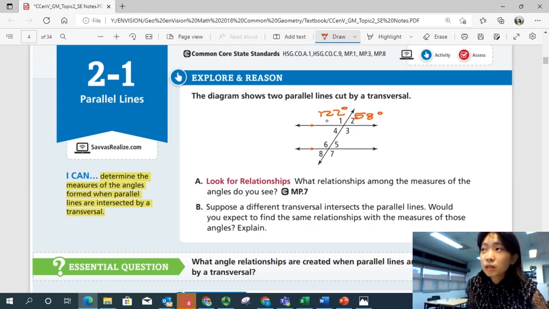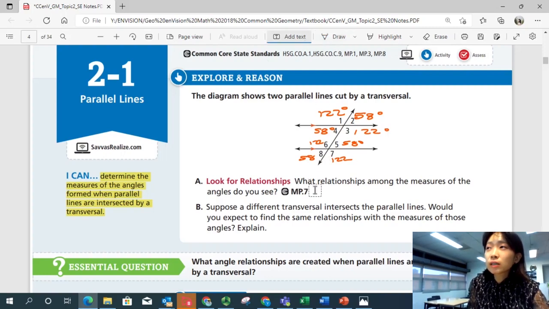That means each pair is either congruent or supplementary. So the vertical angles here, 1 and 3 are 122, 2 and 4 are 58. If you measure these angles as well, this is 58 and that's 122. And so 7 is also 122, 5 is 58.